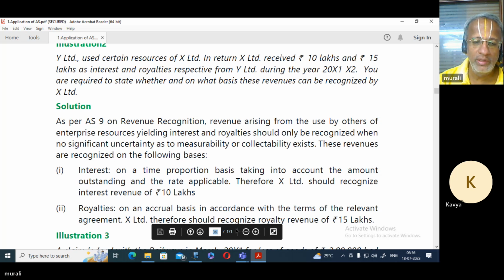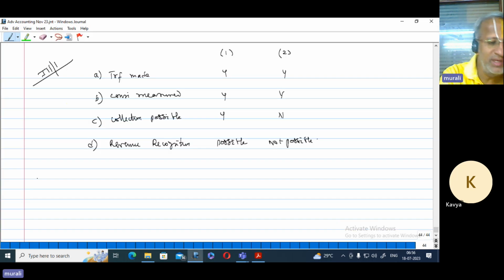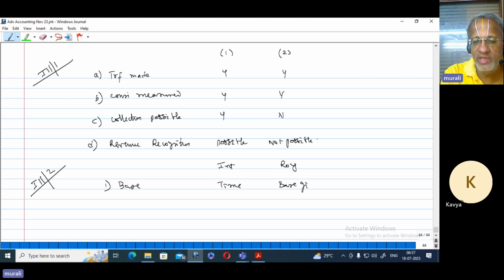So they are asking us whether they should be recognized. See here the question stated whether and on what basis revenues can be recognized. So illustration number 2. Interest and royalties: number 1, on time basis, and on the basis given in the agreement.